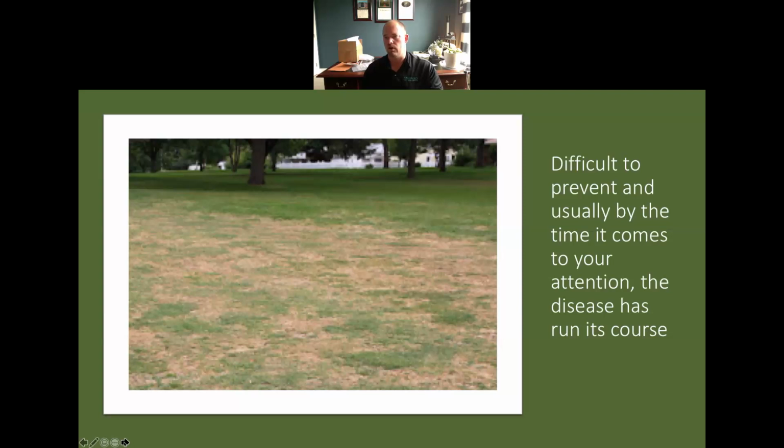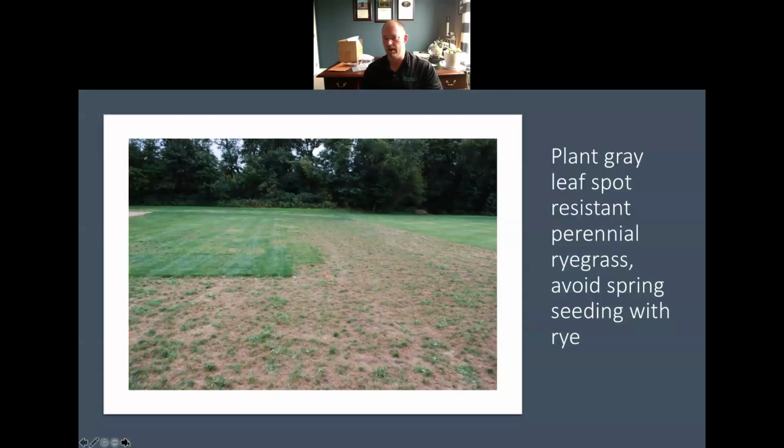It's difficult to prevent. This isn't something where we're necessarily going to be able to put down a preventative fungicide in time. Usually by the time it comes to your attention, the disease has already run its course. So by the time a customer calls, or you come across it in the field, the damage has pretty much already been done.